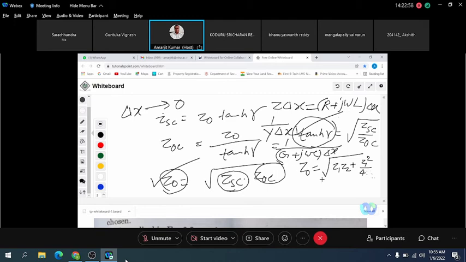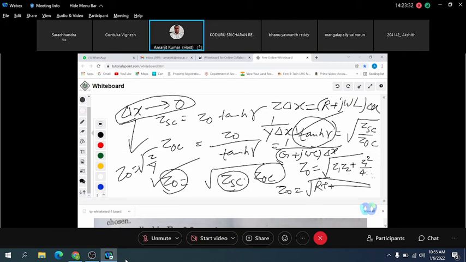Now put it in this equation. And what is Z0? This is very simple. Z0 will be equal to root Z upon Y. Am I correct or not? But then you have to apply the limit delta x tends to 0, then only you will get it. So Z0 is equal to root Z upon Y, or you can write it like this also: Z0 is equal to the square root of R plus j omega L divided by G plus j omega C. Very famous one.